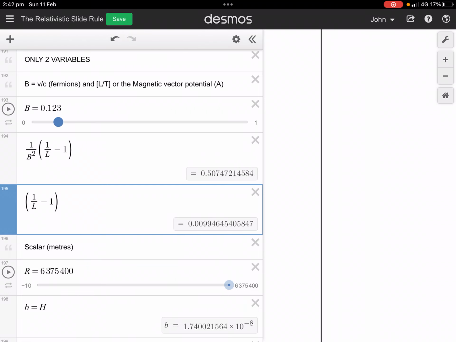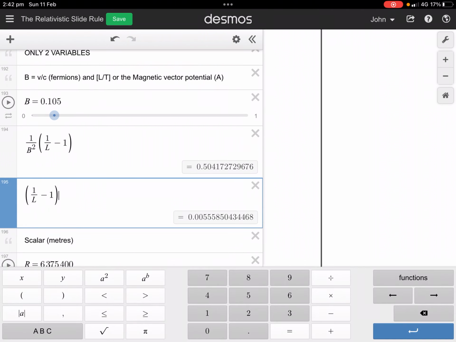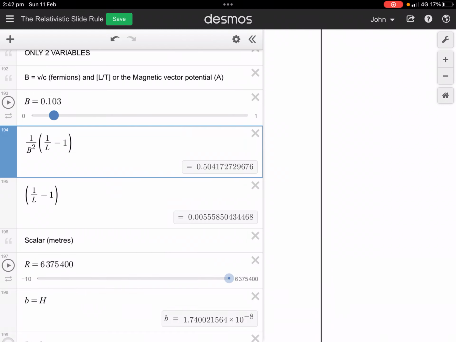And usually at about 0.1 c, around here, they just resort to using half, because see, it looks like half. This is useless, of course, to classical physics. But this one is dropped to about half. And what happens if you keep dropping it? Well, it just gets closer and closer to half, doesn't it?